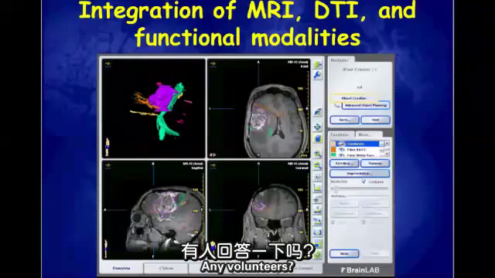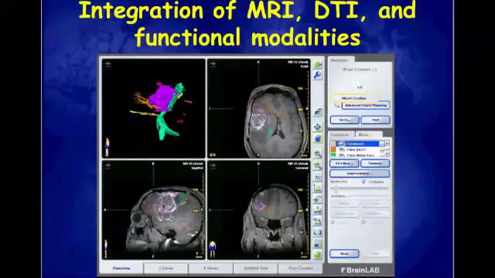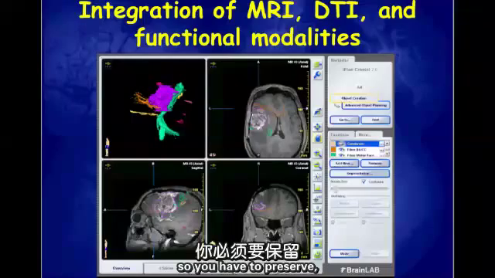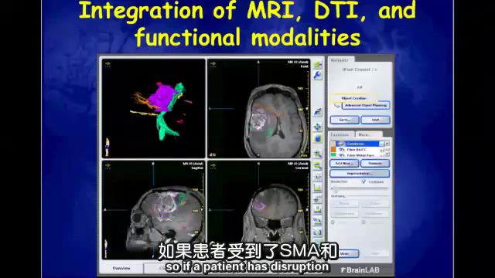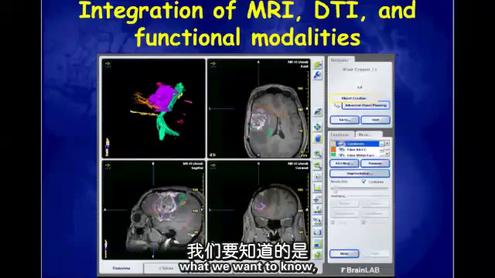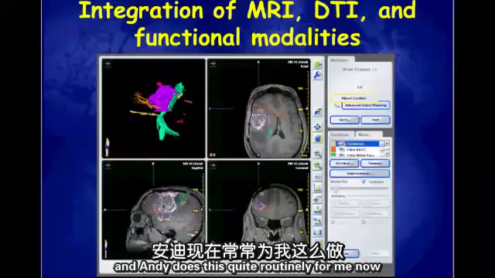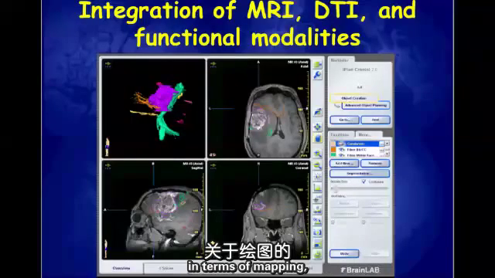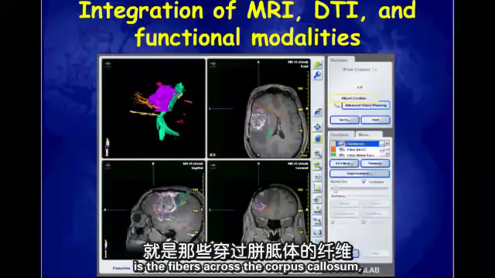Any volunteers? Yes, exactly. So you have to preserve. If a patient has disruption of SMA and Broca's fibers, what we want to know, and Andy Frew does this quite routinely for me now in terms of mapping, is the fibers across the corpus callosum.